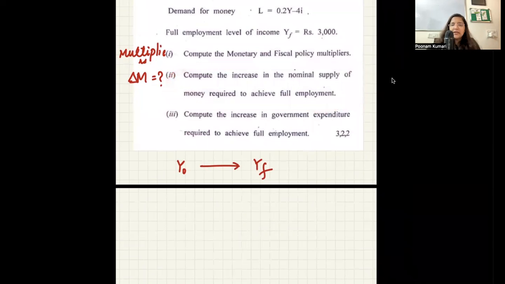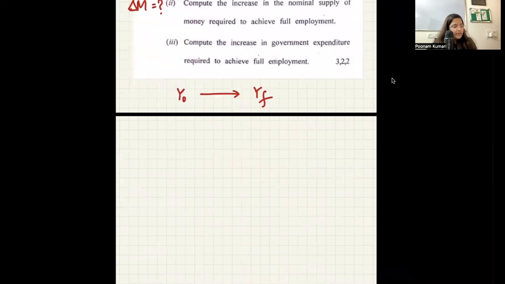So how much money supply should increase if you're going through the monetary policy route, and here how much should your government expenditure increase so that you achieve the full employment level of income. ठीक है? तो ये particular question है.